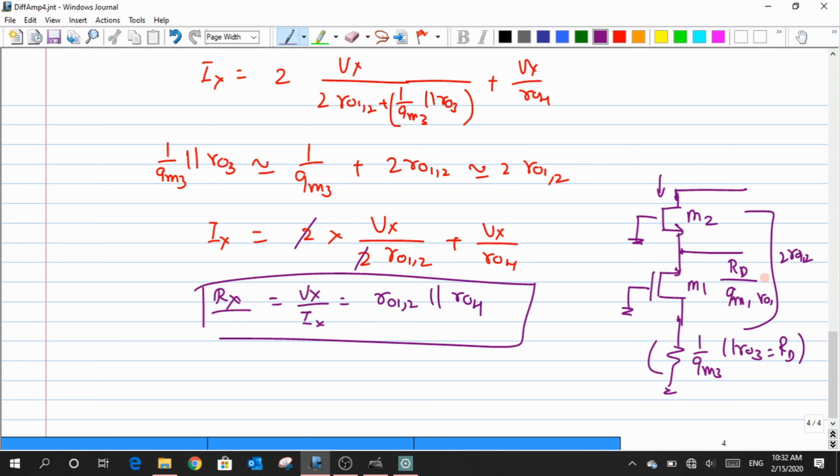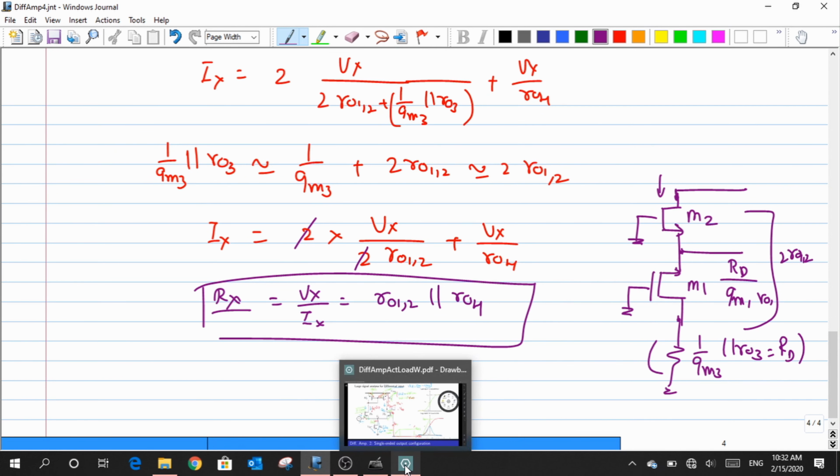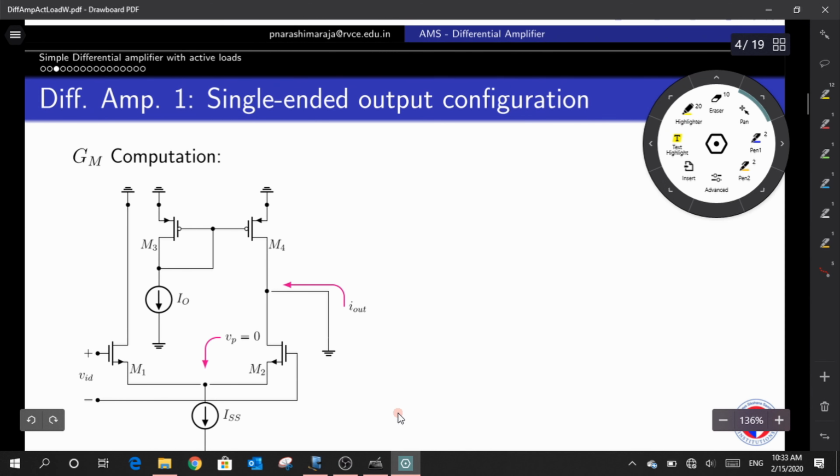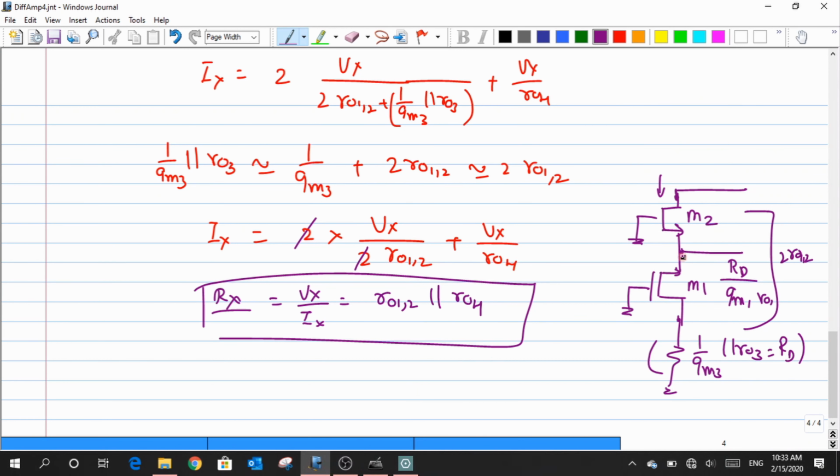Are you getting it? Because in the previous case, what was the resistance that I had from this drain to this drain? It was Rho1, where the drain of my M1 is at the ground. Whereas in the case I have drawn here, the drain of this M1 is not at the ground, but there is a kind of added resistance along with it.